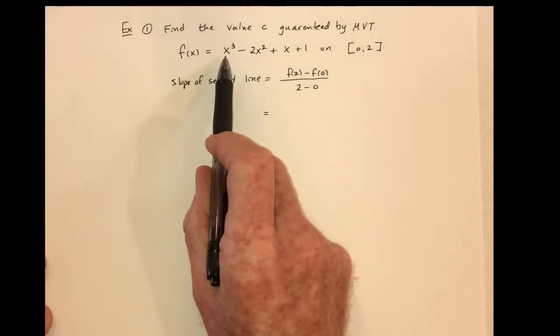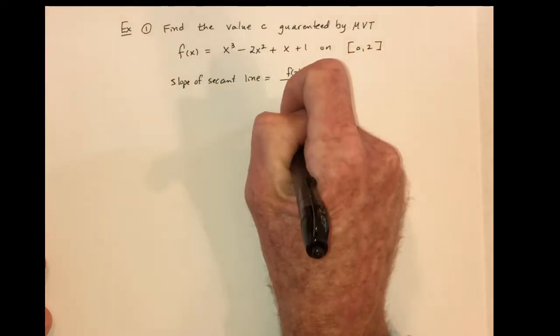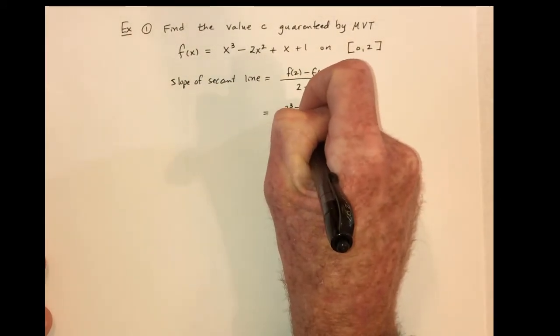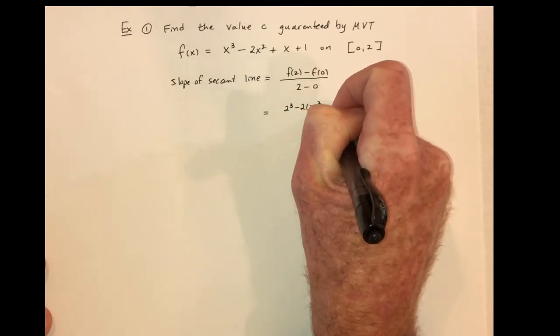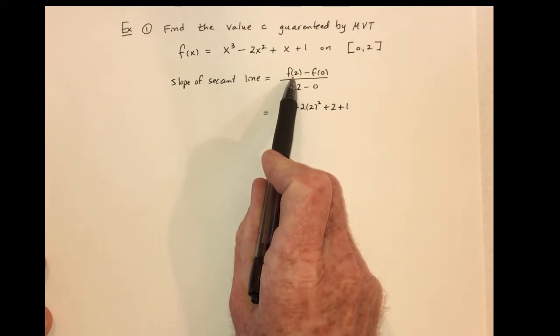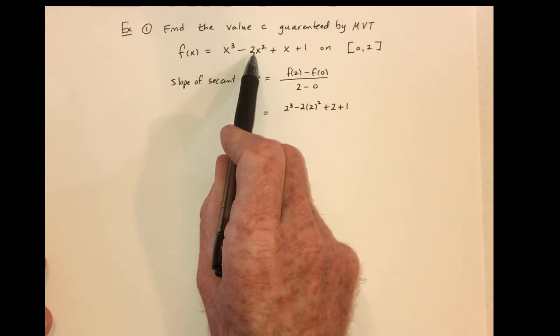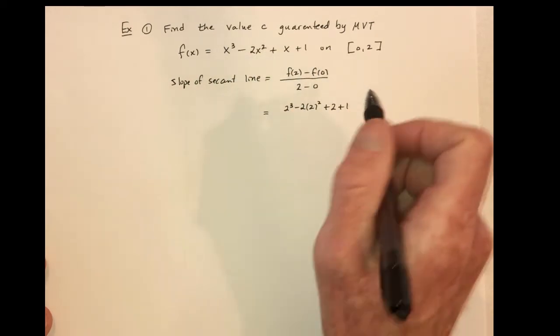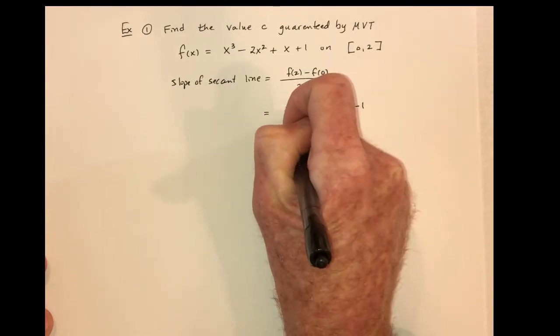Now f of 2. So this is going to be 2 cubed minus 2 times 2 squared plus 2 plus 1. So that takes care of this part. Then when you substitute in a 0, that's going to be 0 and 0 and 0 and 1. So then subtract that, minus 1.